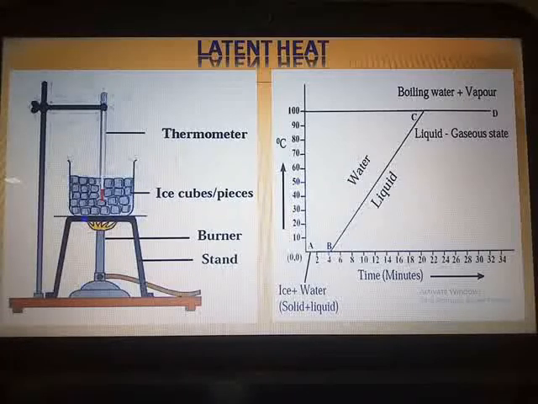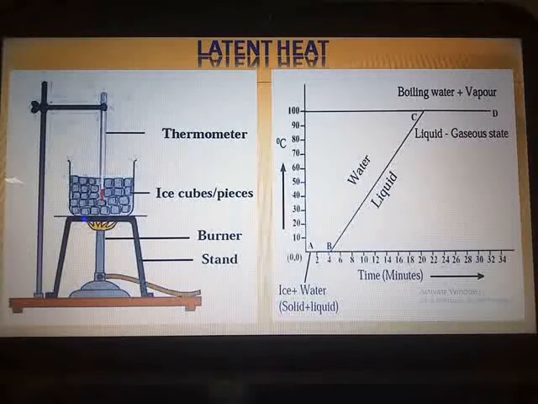When the ice is heated, it melts at 0 degrees Celsius and gets converted into water at this constant temperature. So what has ice done in this stage? It has absorbed the heat energy. From where? With the help of this burner, you are providing the heat energy. So the ice absorbs the heat energy during this transition, and the absorption of energy continues till all the ice gets converted into water.